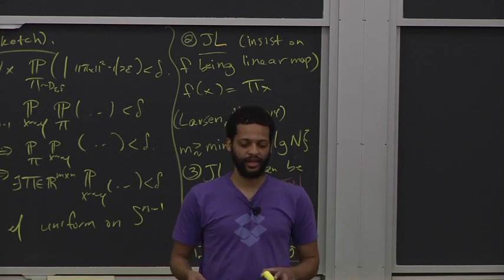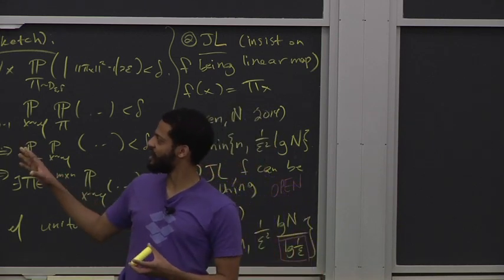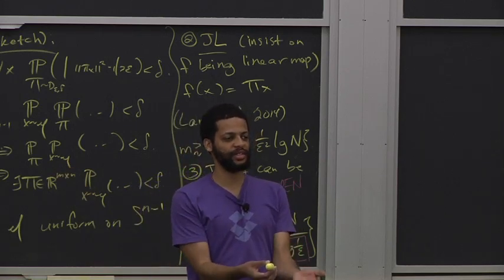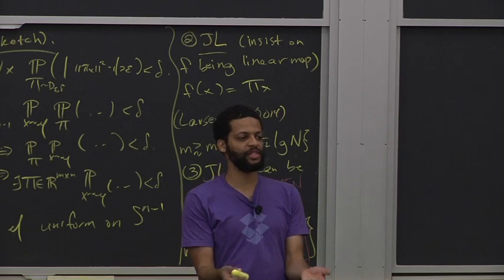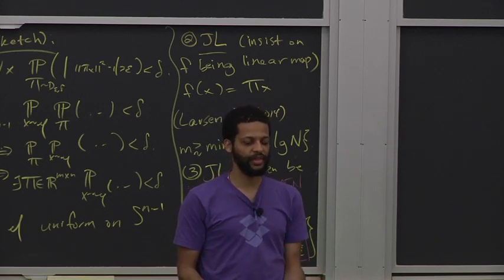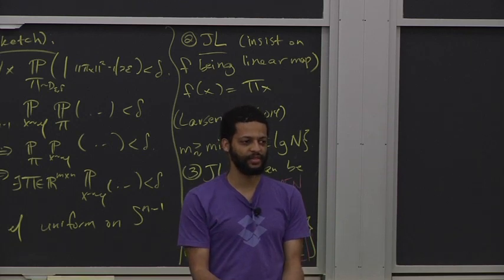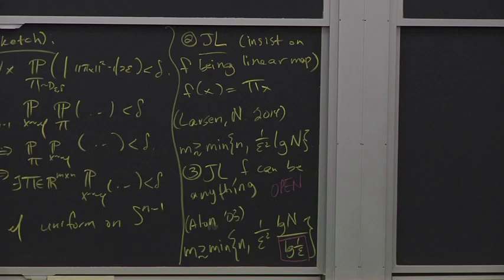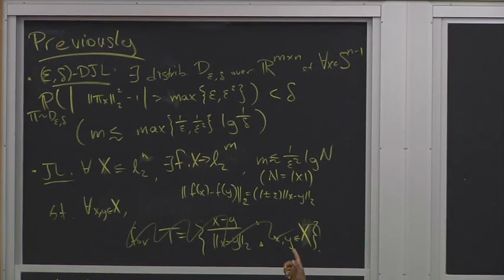JL is a lemma that answers the following question: I give you a set of vectors, reduce them to the lowest dimension you can while preserving their distances up to 1 plus epsilon. The JL lemma provides a solution where the target dimension is m, 1 over epsilon squared log capital N. And it happens to provide it with an embedding that's linear.